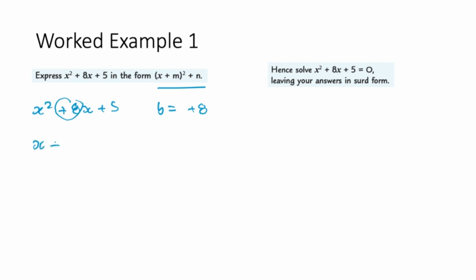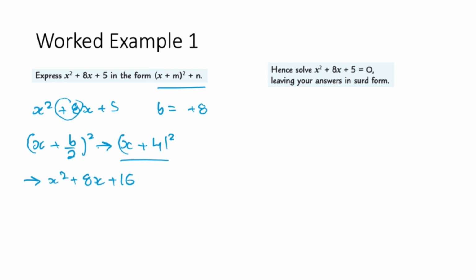And then you use the formula. It's not really a formula, but you use this. And then this will give you x plus 4 squared. Okay, b is 8, so b over 2 is 4. And then you expand this perfect square. So then this will become x squared plus 8x plus 16.